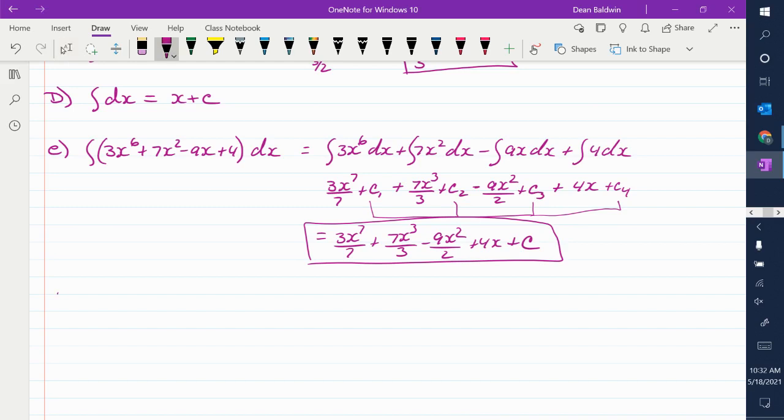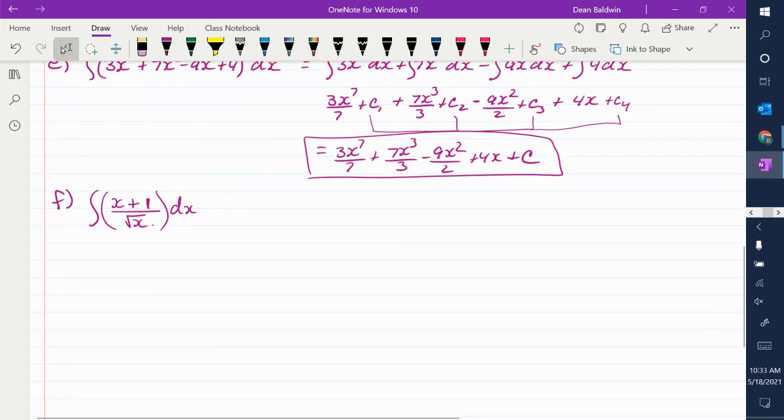Last one. X plus 1 over root x. So we haven't done one of these yet.